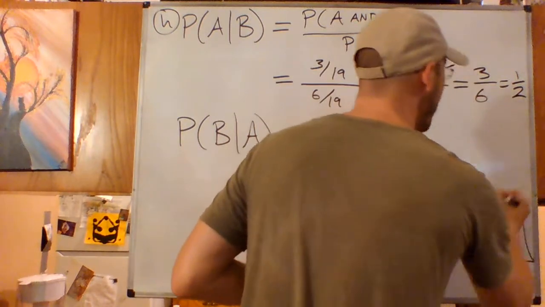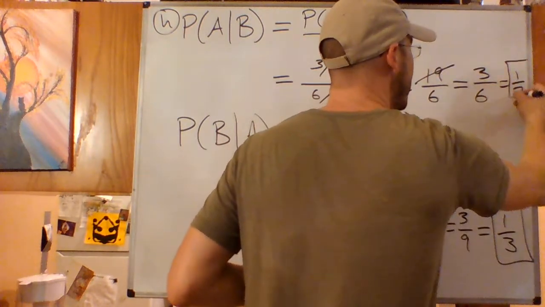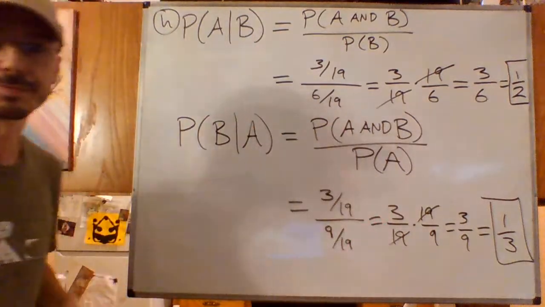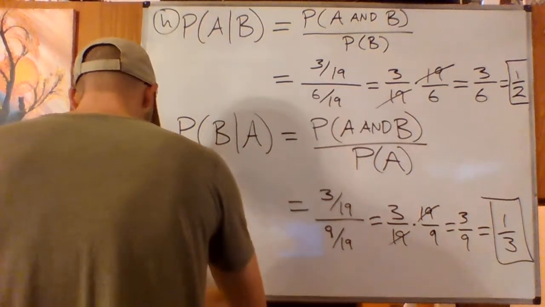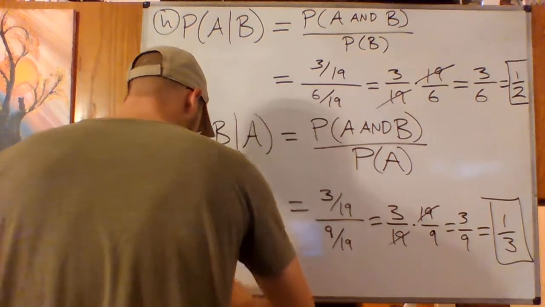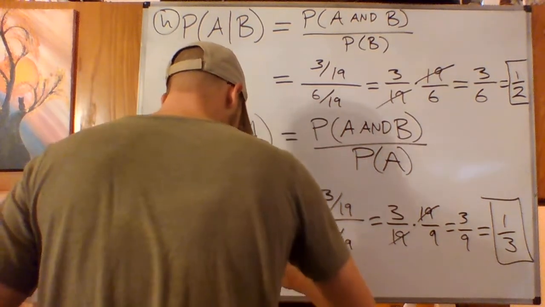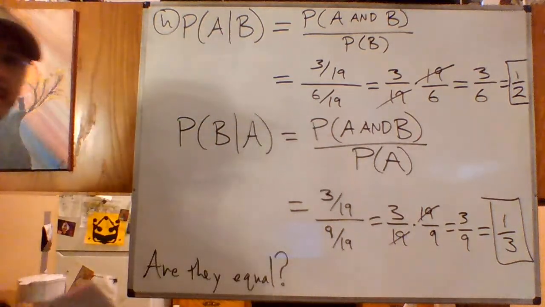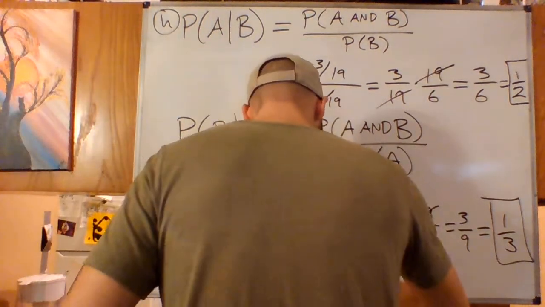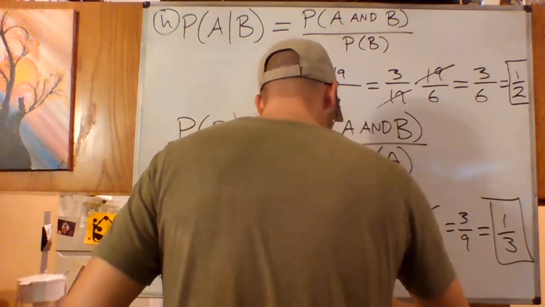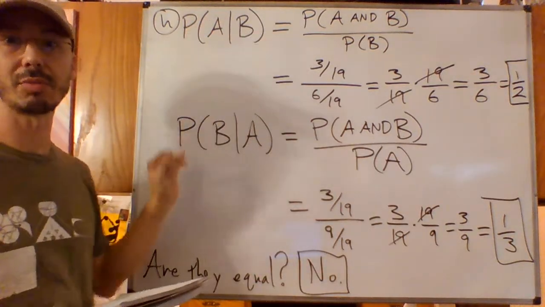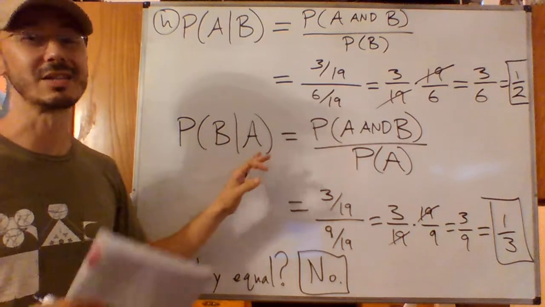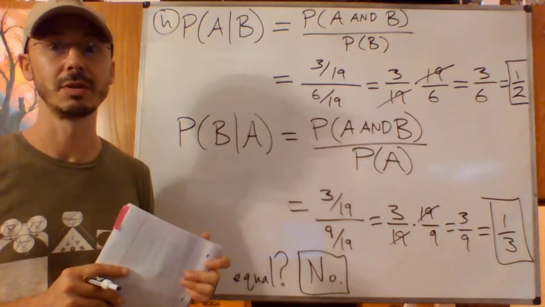And here's my point. That's the point of this problem. And they actually ask, are they equal? And the answer is no. It's not that these two probabilities, probability of A given B and probability of B given A, can't be equal.